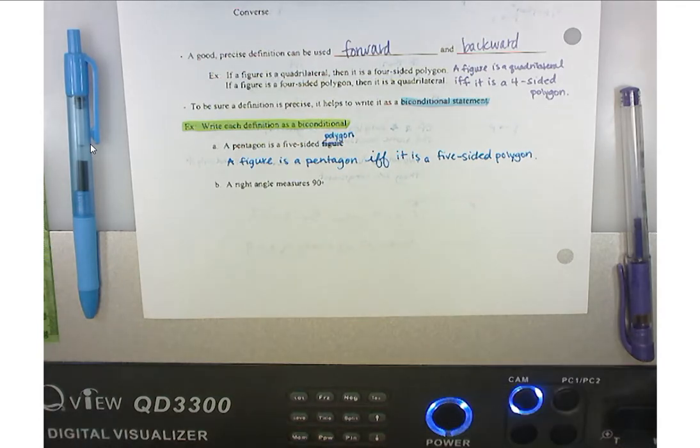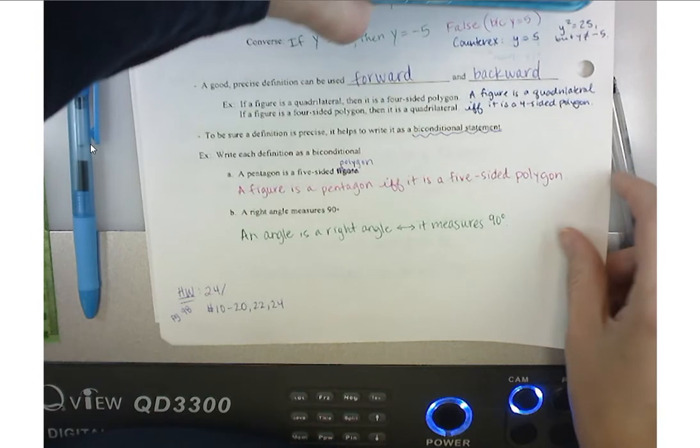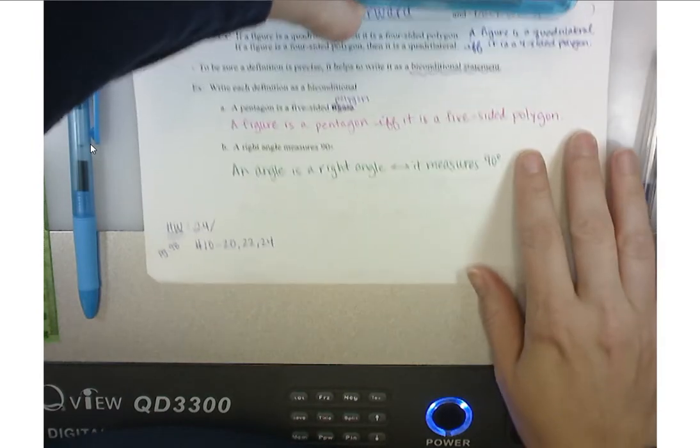An angle is a right angle if and only if it measures 90 degrees. Okay, good.